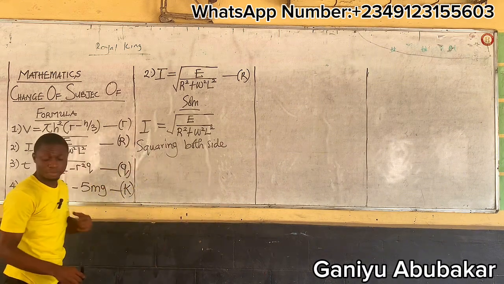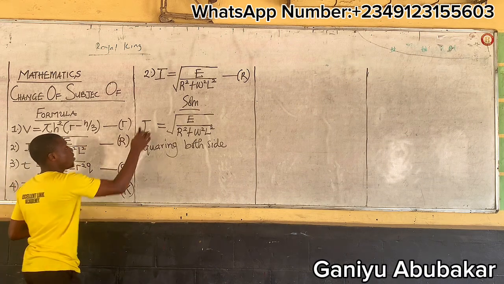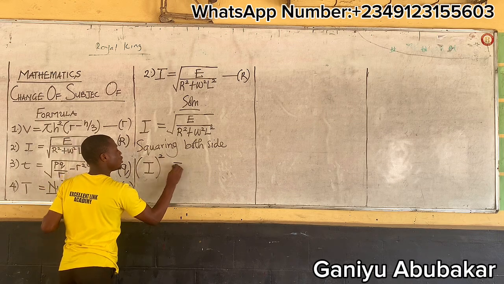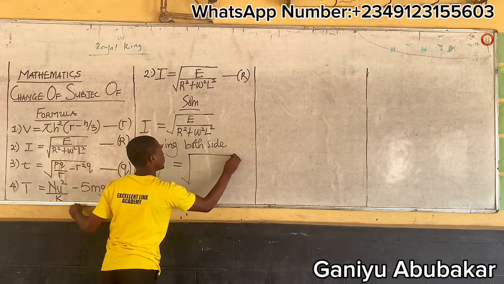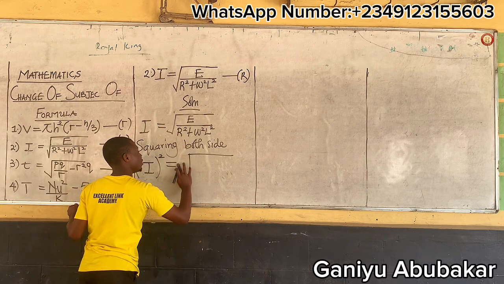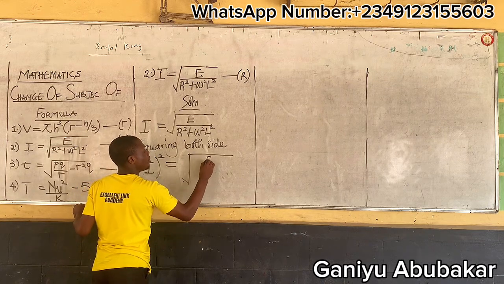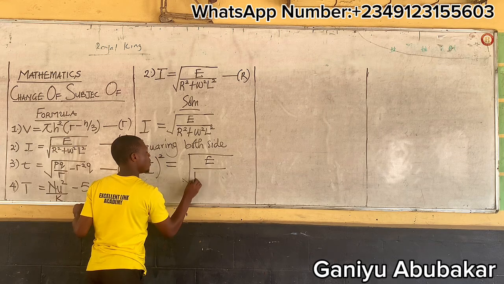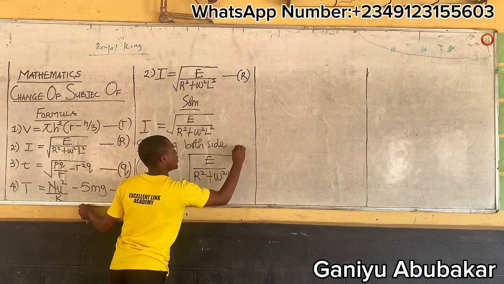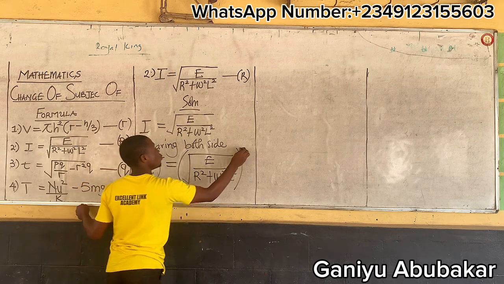What should I get here? I'll have that I squared is equal to the square root of E over R squared plus W squared L squared. Then I'll square it too.